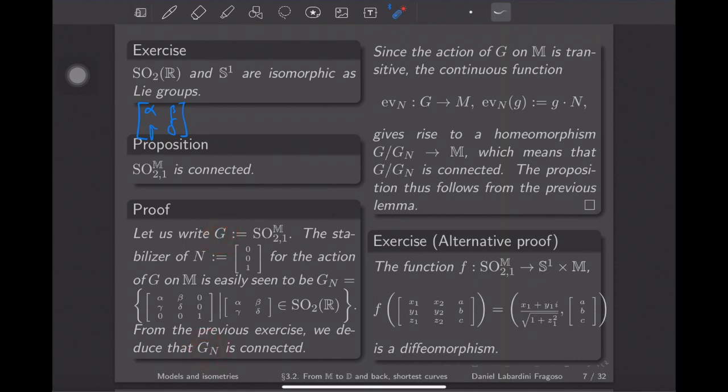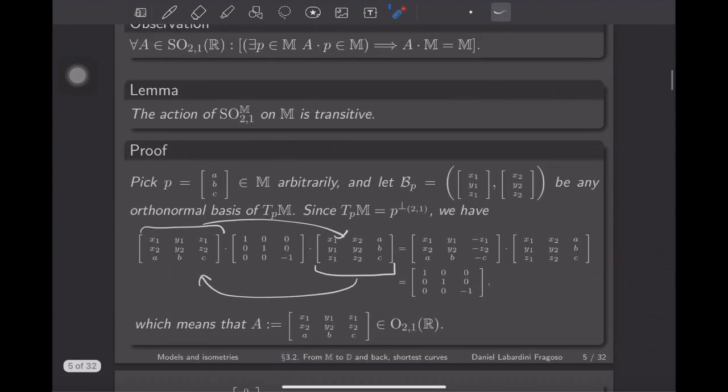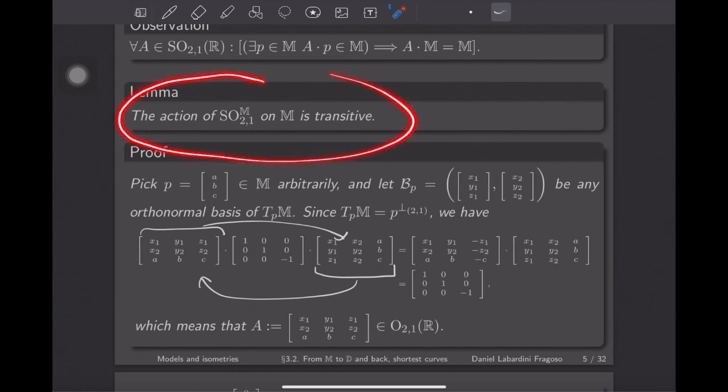G modulo Gn, let's say, only as a set of left cosets. I'm not claiming that this is normal in G. Now, the action of G on M is transitive. That's what we proved here. This is G.